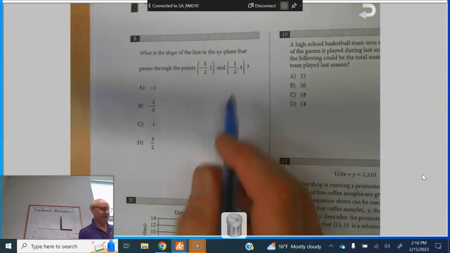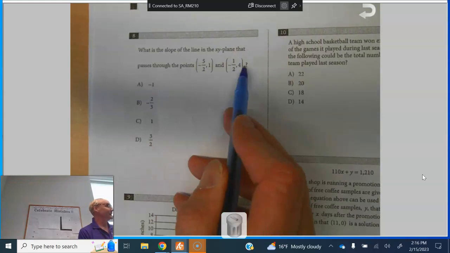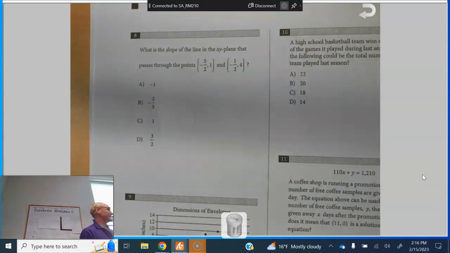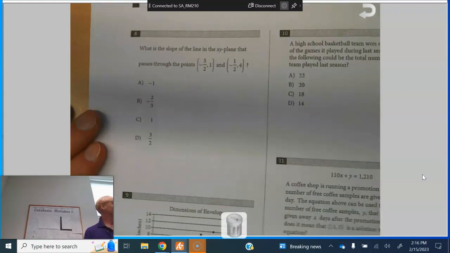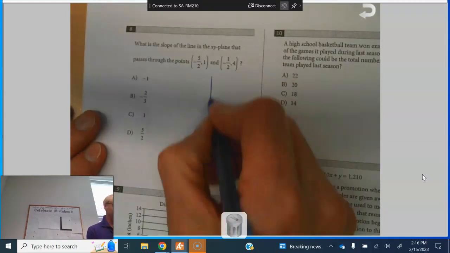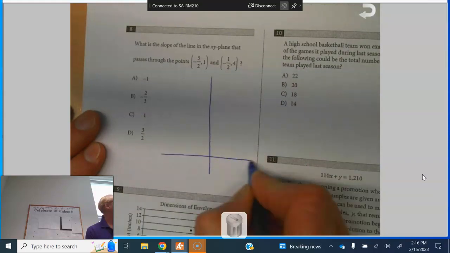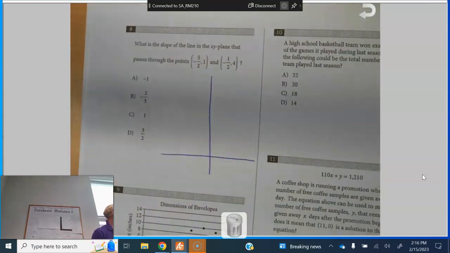Kind of a tough question here because it's got fractions in it. So if you've got a calculator, change them to decimals. And I'm going to cheat. I'm just going to graph it. Oh, okay. You're ahead of me. You're good. I figured.